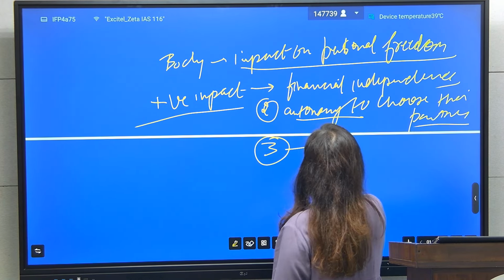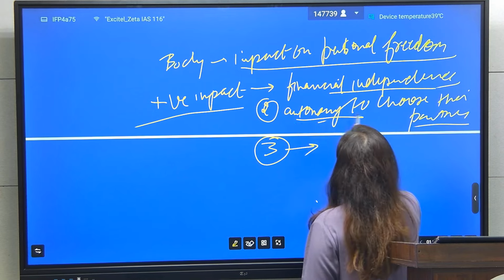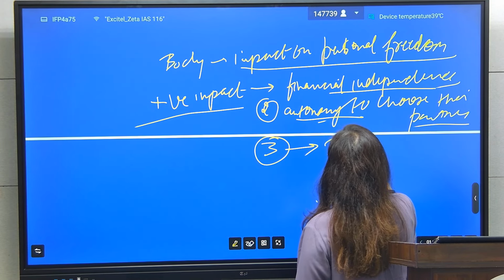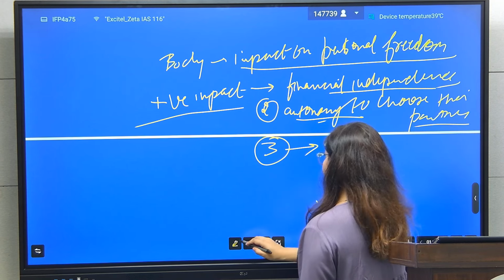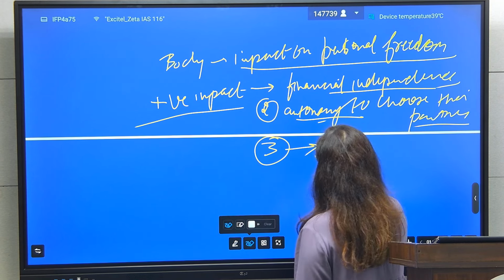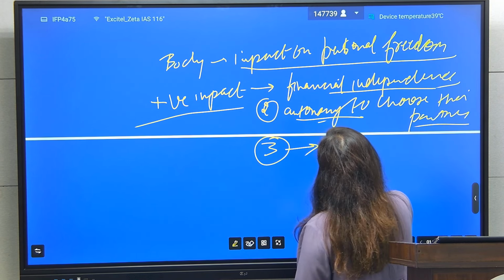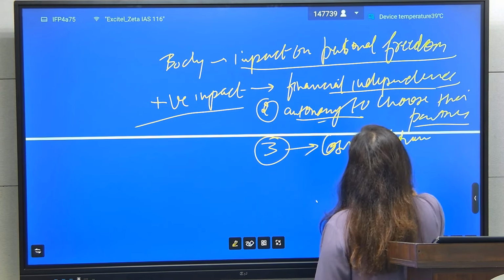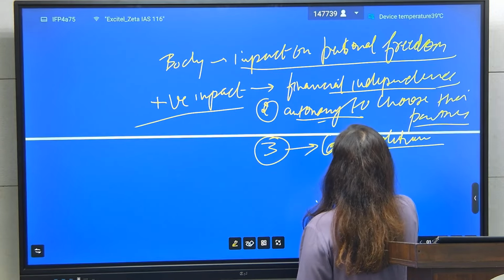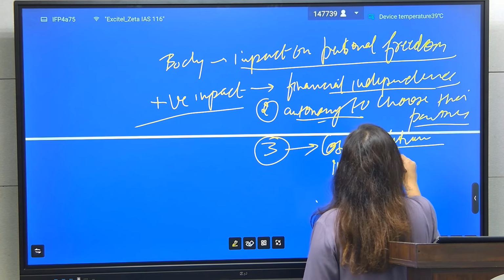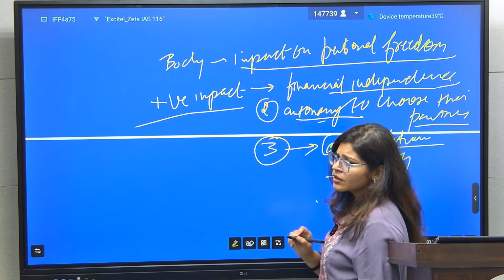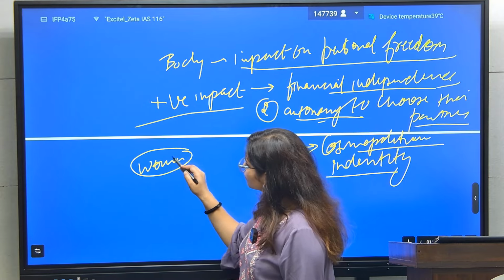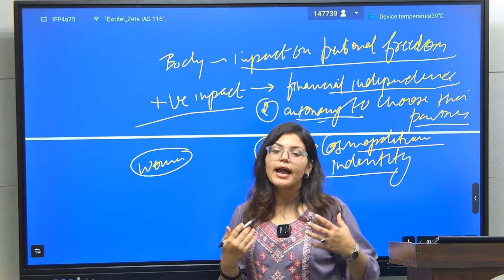Third, so there is financial independence, there is autonomy, and there is cosmopolitan identity. Earlier, women didn't have their own identity.